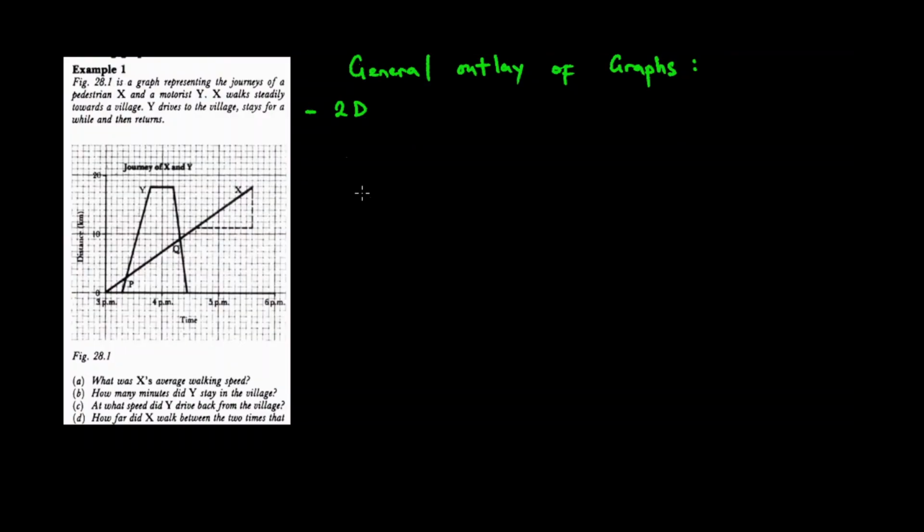Saka ari two-dimensional kudaro zvinoreva kuti anenge aine a vertical side and a horizontal side, and we call the horizontal side x, we call the vertical side y, and of course I'm sure you know that this is either called an xy plane.